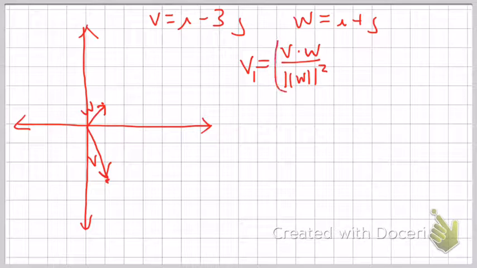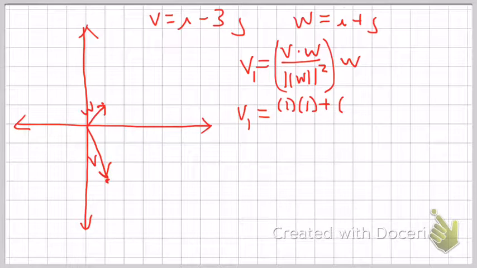And then we're going to take that scalar, if you will, and multiply it times the original vector W. So the dot product is just the horizontal components of the two vectors multiplied together, and the two verticals, -3 for V and 1 for W, and then adding those two products.